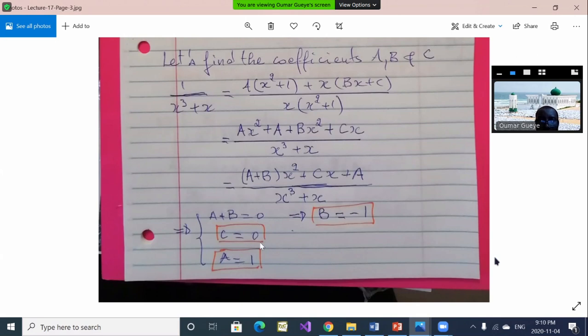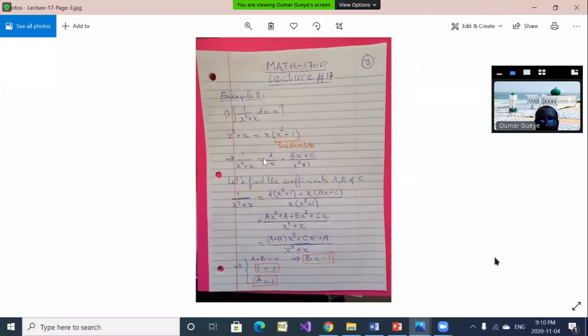Knowing the values of A, B, and C, I'm going to go back to this step and substitute A, B, and C by their values. By doing so, this becomes 1 over x, and here you get -1 times x, and C is 0. Now we're ready to calculate the integral.